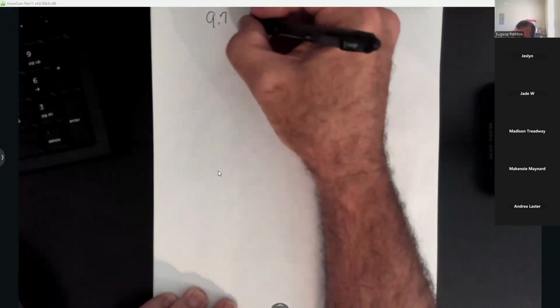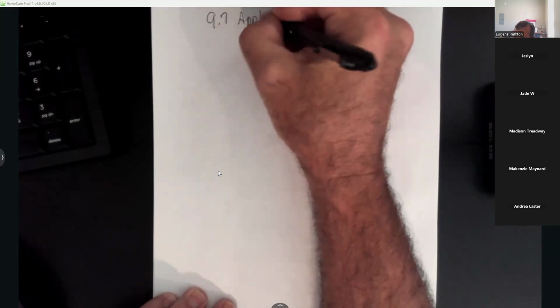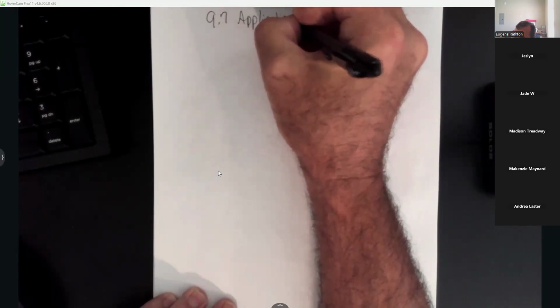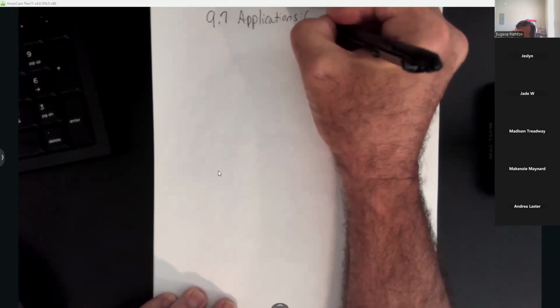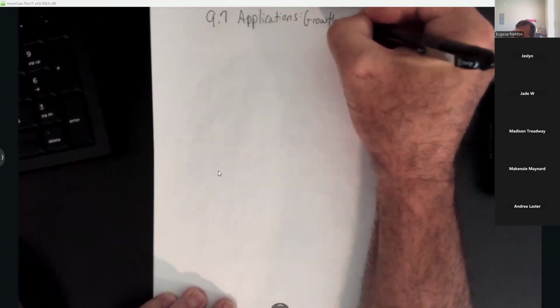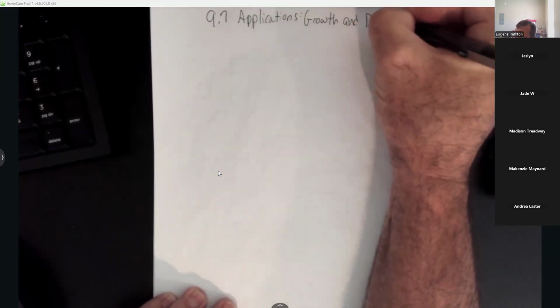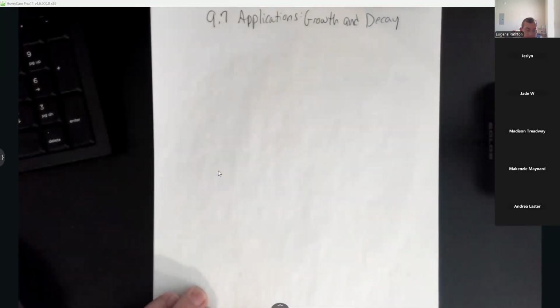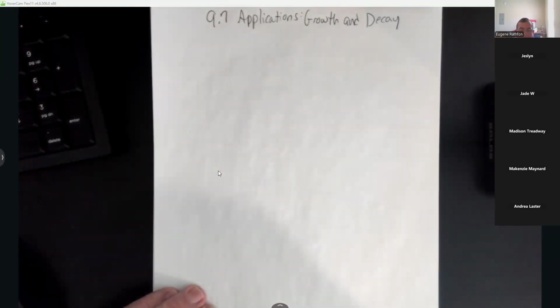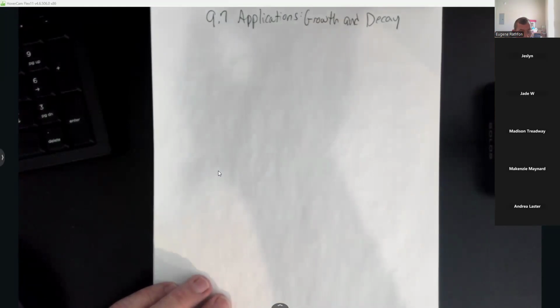All right, this is applications, and they deal with growth and decay. So growth can be an investment growing, it can be the population growing, and things like that, okay?